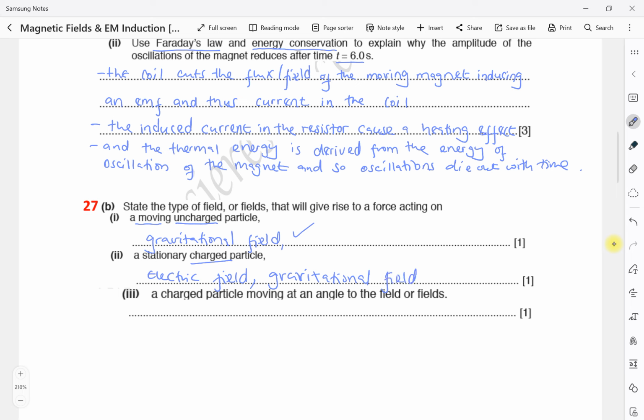A charged particle, first of all, has mass, so there's a gravitational field. And it is charged, so there's an electric field. But it is moving at an angle to the field, so assuming the angle is not zero, it also has a magnetic field.